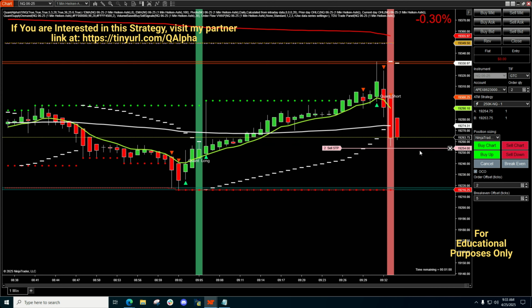Order submitted. Okay, we're not in, but we have our short order right here below this quant short bar. We're below the 100. We have plenty of space down to the support area for our signal. So we'll now wait to see if we get executed.